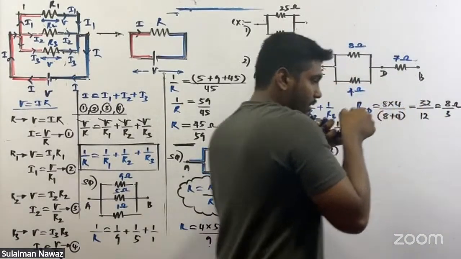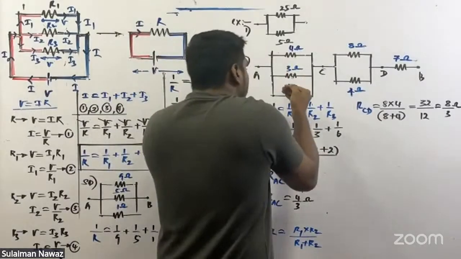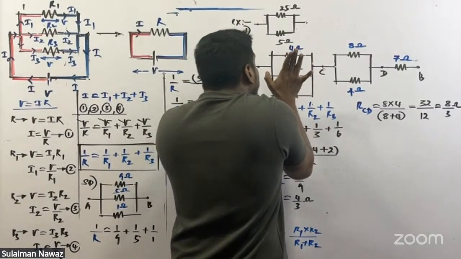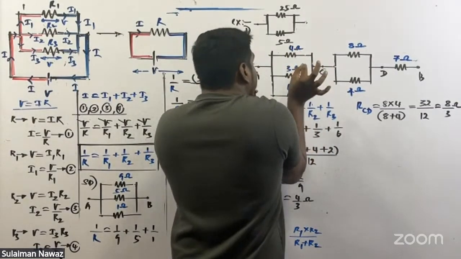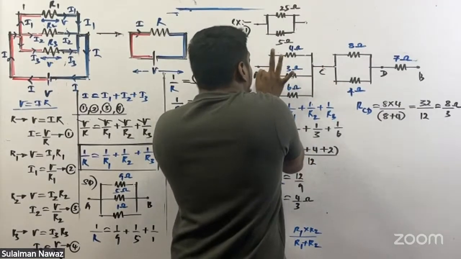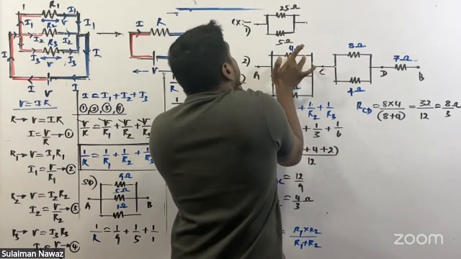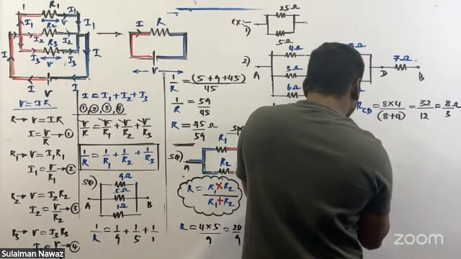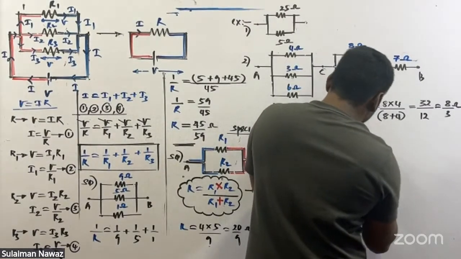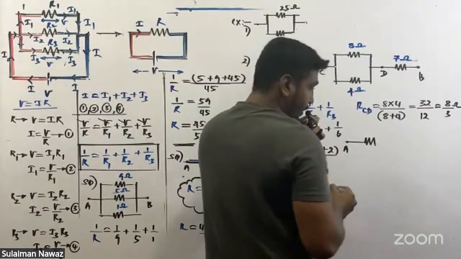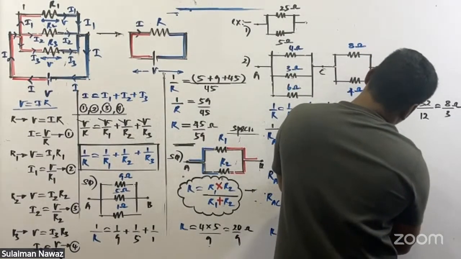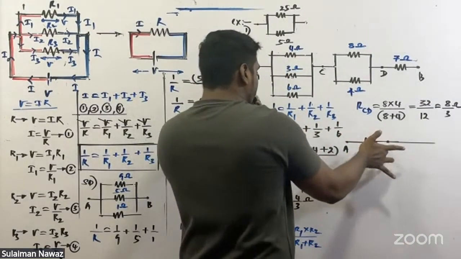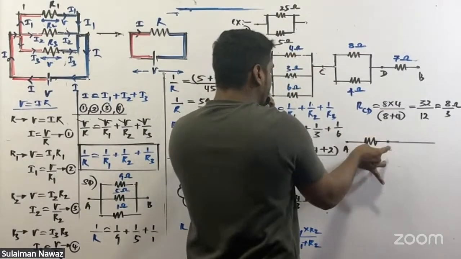Right, okay. Now what I'm doing, see, rather than representing these three resistors in parallel, I can draw a single resistor between point A and point C. Because these three are equivalent to the single one, that is how much?